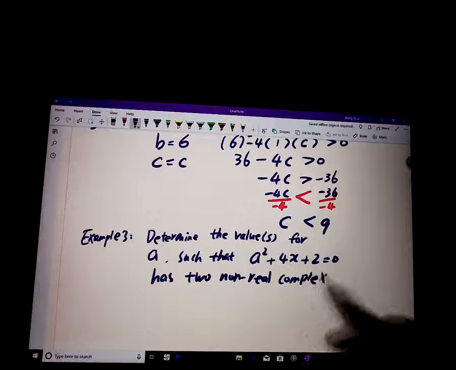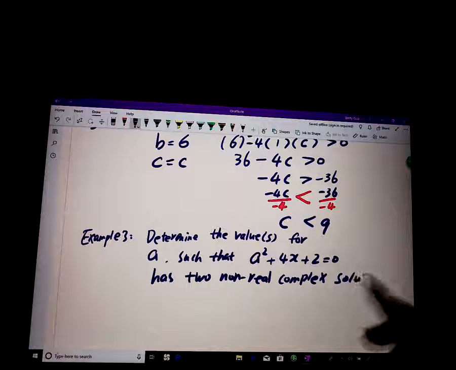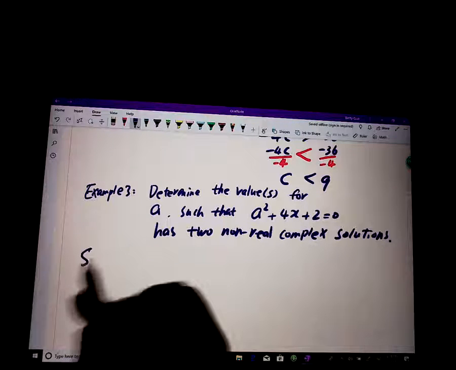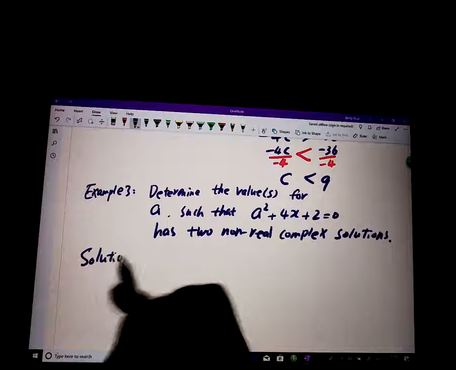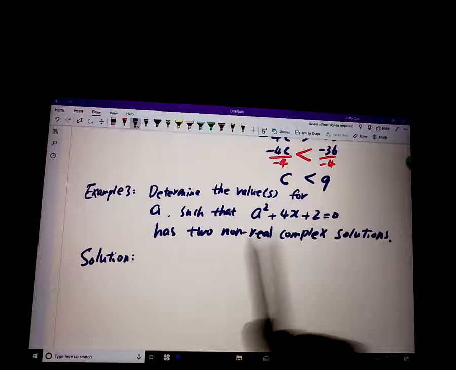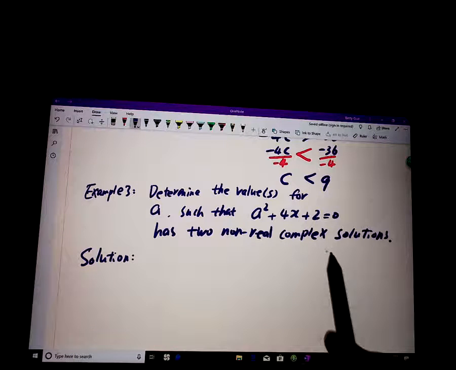If it's non-real, it must be complex. Those two examples are to help you get more familiar with the content of the theorem. The theorem is pretty straightforward. Let's see how we find the value or values for A in order for the equation to have two non-real solutions.